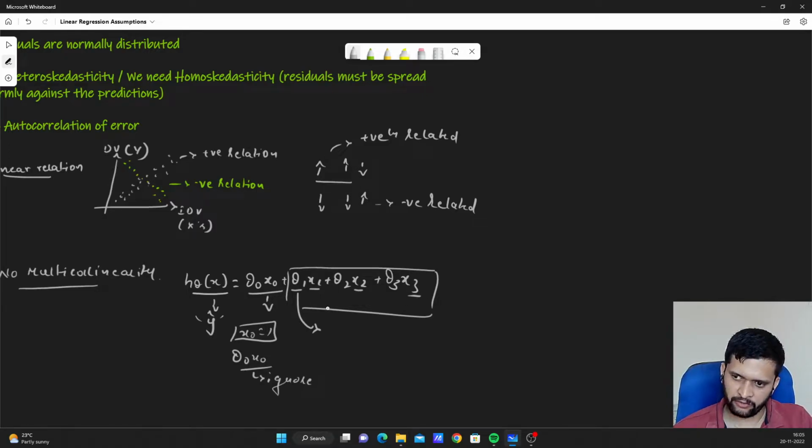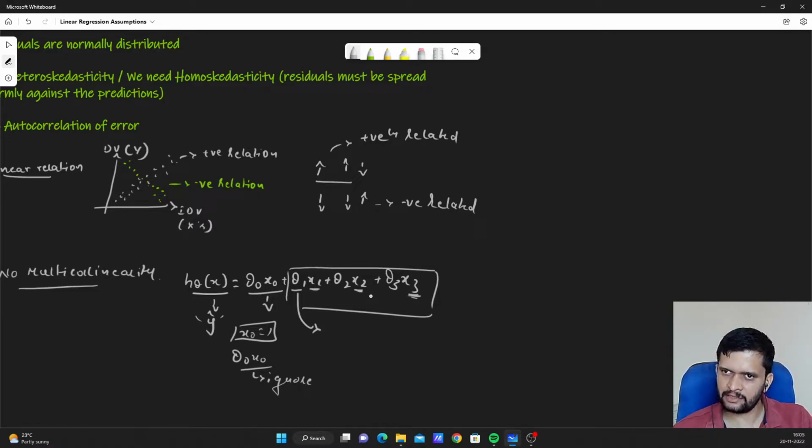So if we change x1, this change to x1 is not affecting x2 and x3. Okay, so this is the basic assumption. If this is the case, then there is no multicollinearity, right? The same thing applies to other 2 variables as well, x2 and x3. So if we change x2, this change to x2 will not impact the values of x1 and x3. They will remain constant. Okay, so the same way, if we change the value of x3, this change to x3 will not impact the values of x1 and x2. They will remain constant.